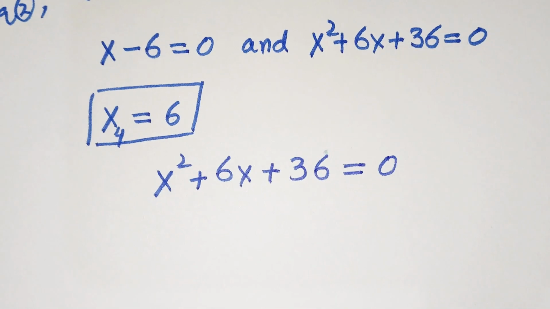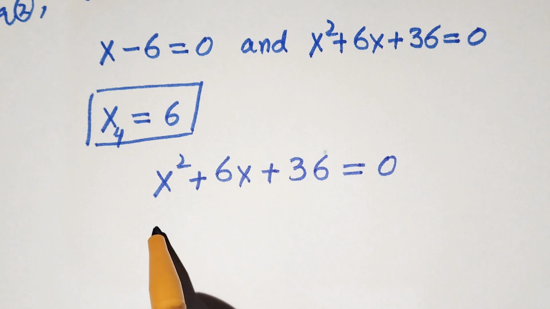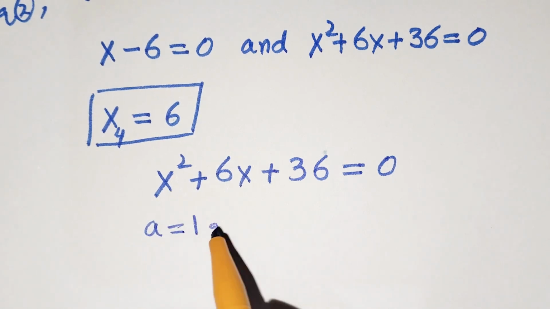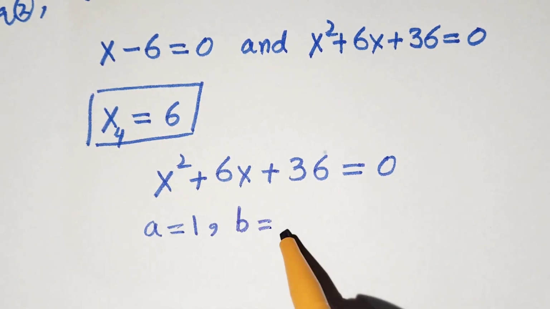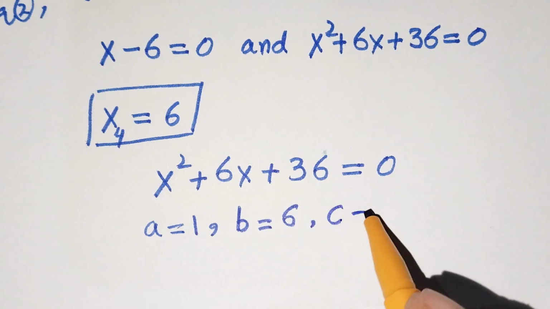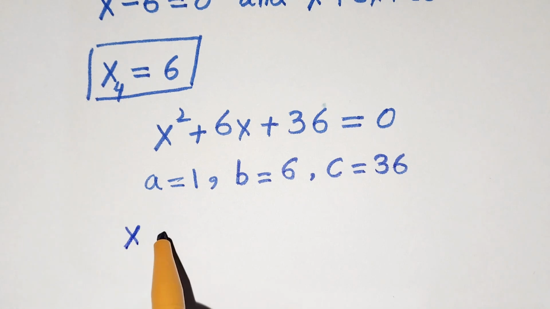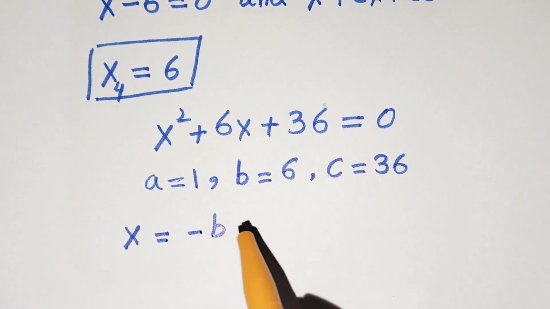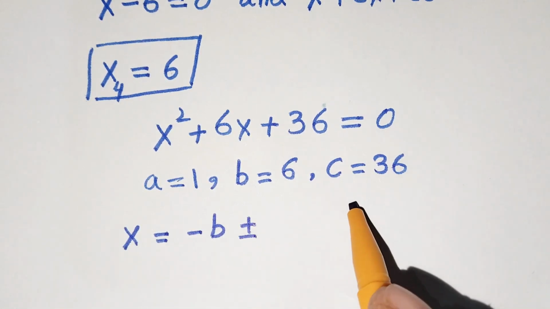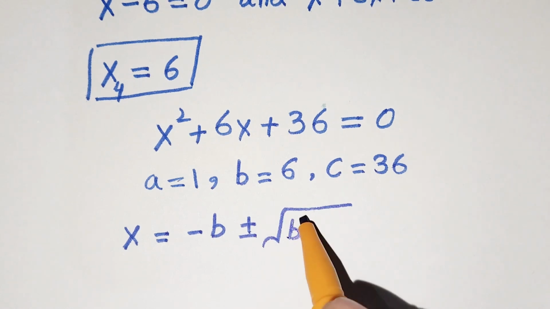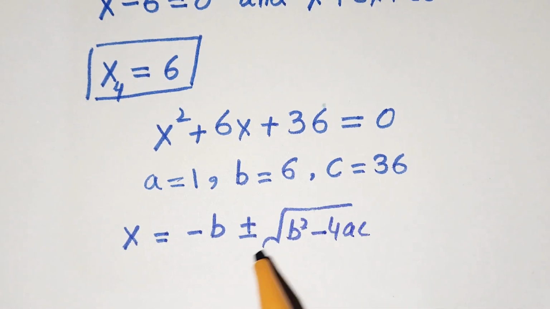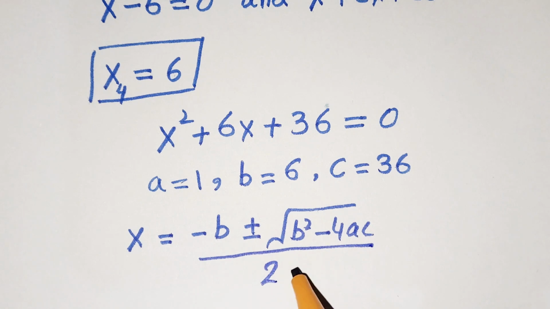We are also going to apply the quadratic formula, where the value of a is 1, the value of b is 6 and the value of c is 36. So using the quadratic formula, x is equal to minus b plus minus square root of b square minus 4ac, whole divided by 2a.